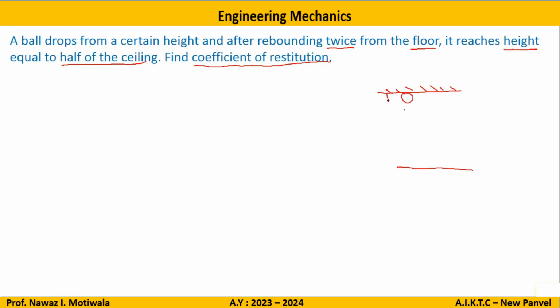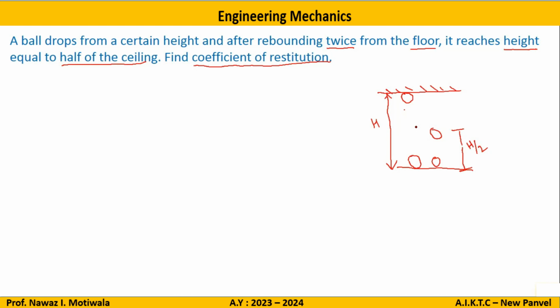Let us say this height is h. It is said that when this ball is bounced here, after 2 bounces, it reaches, let us say, somewhere here, which is at a height of h by 2, half of the ceiling, and we need to find the coefficient of restitution.